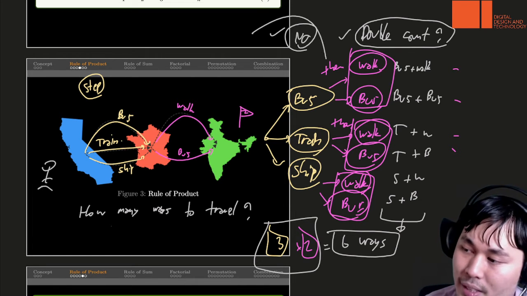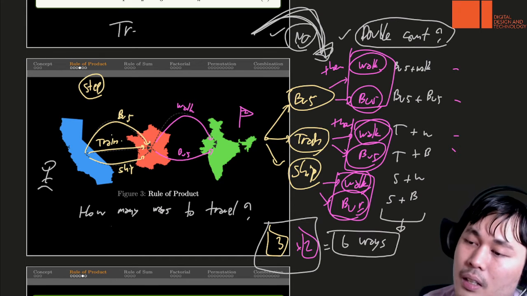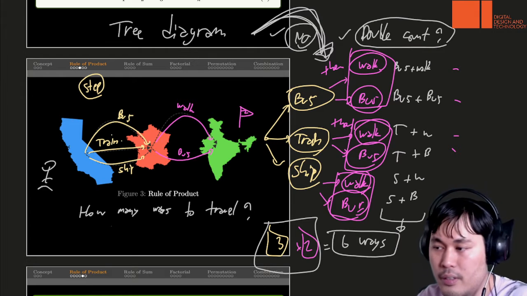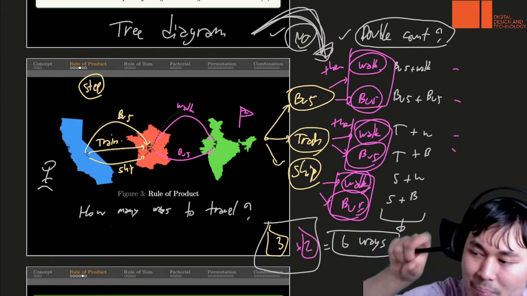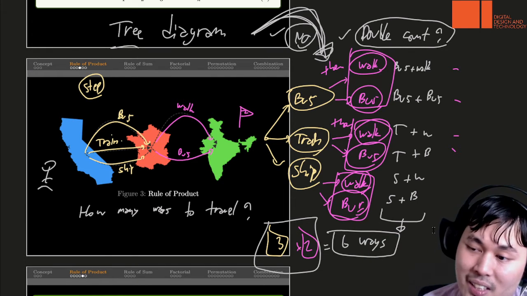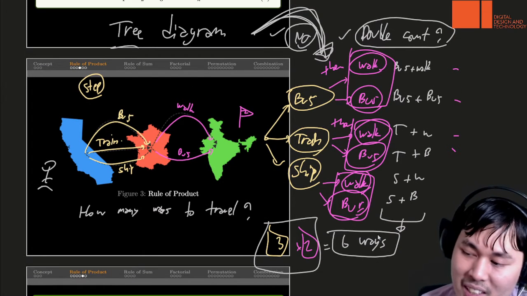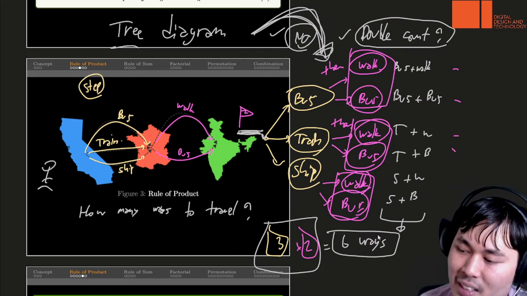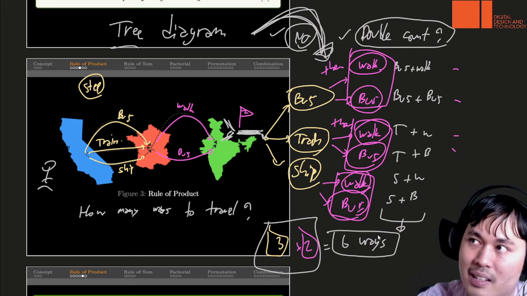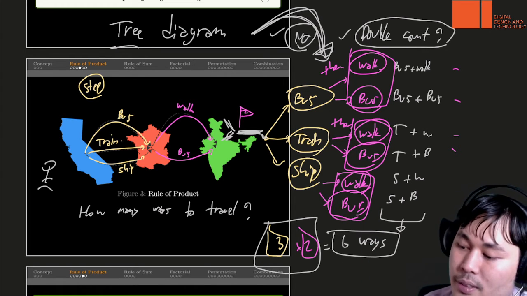And also, by the way, this way has a name. I don't have it in the slide, but it's called a tree diagram. It's a diagram with bubbles and arrows. Why is it a tree? If you consider the leftmost part as a trunk, then everything else seems like a branch, and in the last step there are leaves.